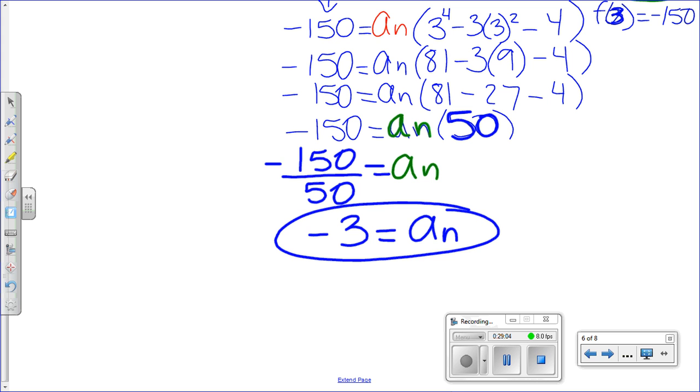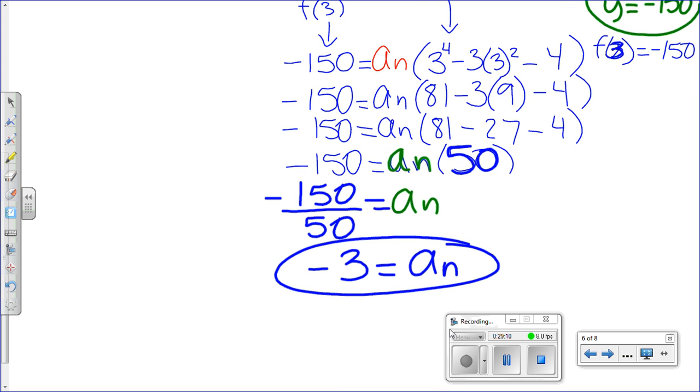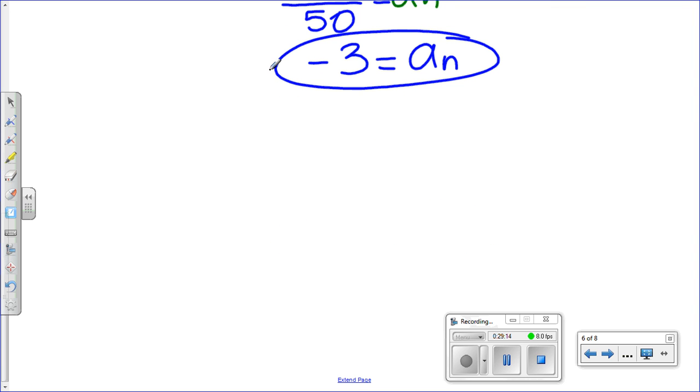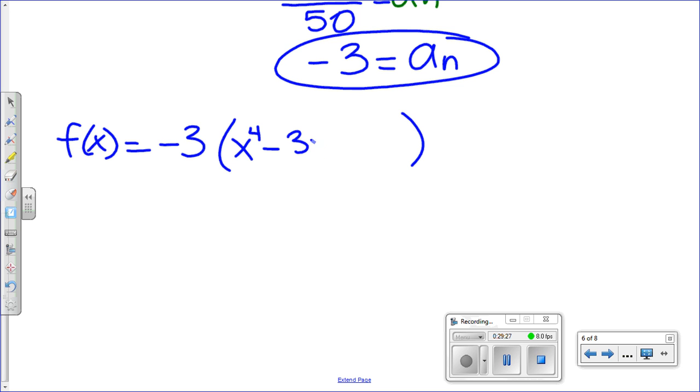Okay, so anyways, are we done with the problem? No, we're not. So last thing we need to do to find the polynomial is, now that we know what a sub n is equal to, could you guys tell me what was the polynomial? It started with x to the 4. What else? And what else? Minus what? Okay. So then here we need to distribute the negative 3.